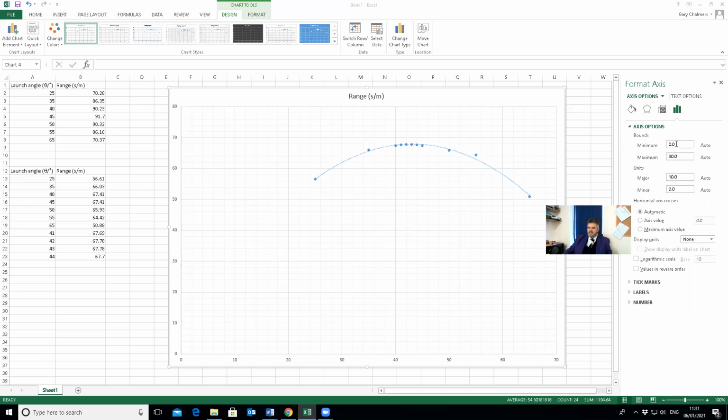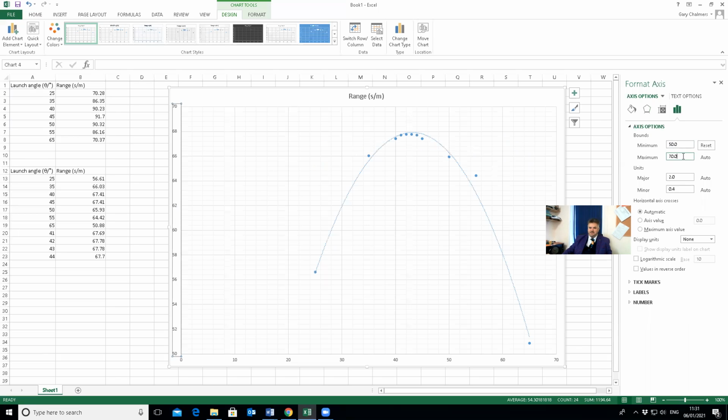So my minimum here really shouldn't be 0, should be about 50 meters. And my maximum is about, well, here it's 68. So I'm going to say 68.